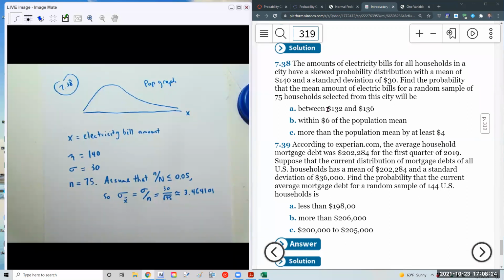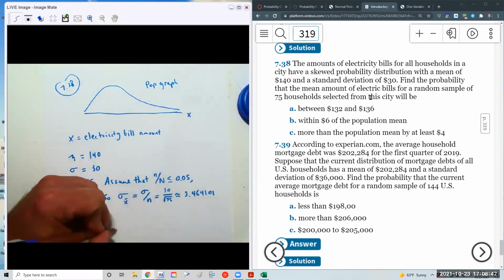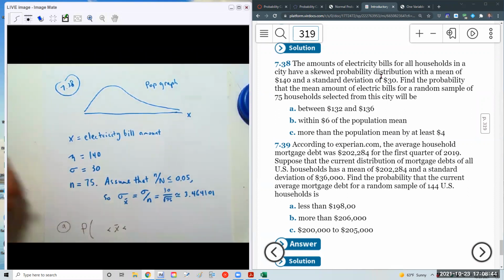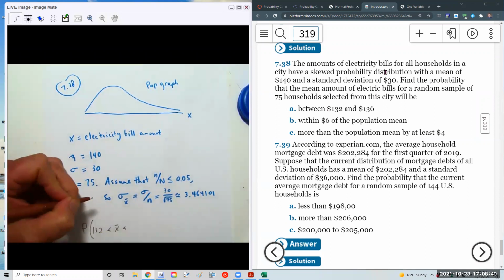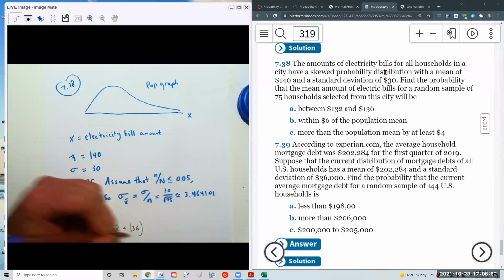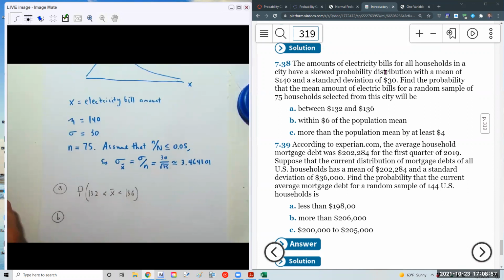Now for the questions. So for part A, remember the question is find a probability about a sample mean. Find the probability that a mean for a random sample, so that means x bar, is between those two numbers, 132 and 136. And for part B, this one is a little tricky.